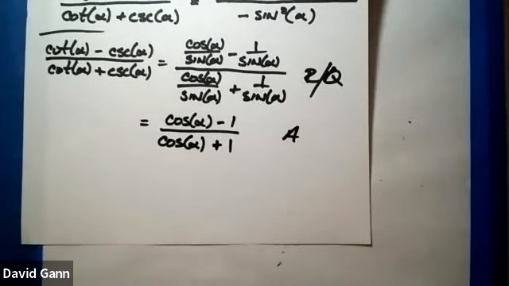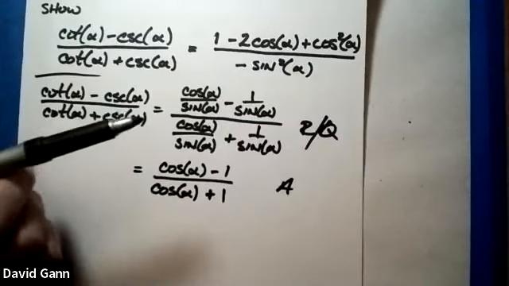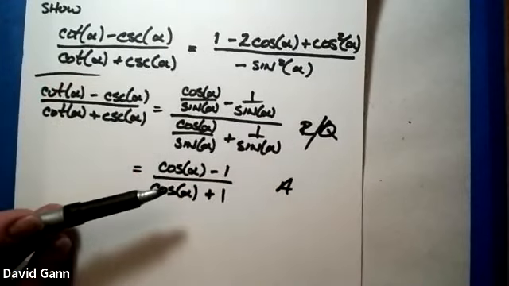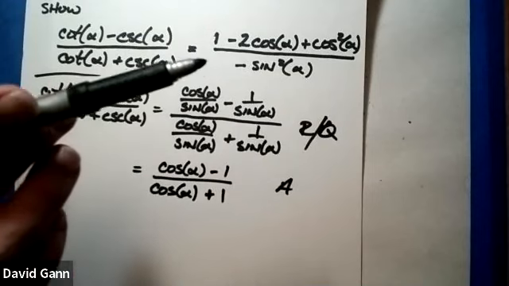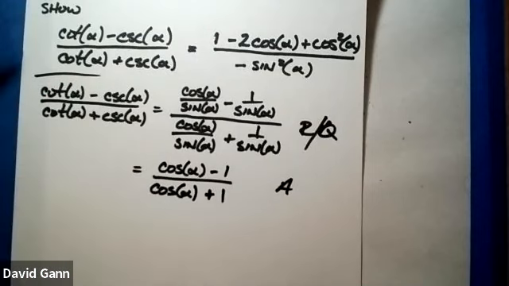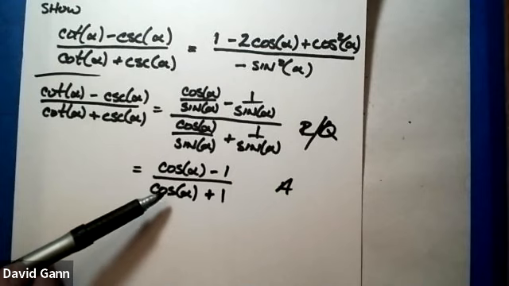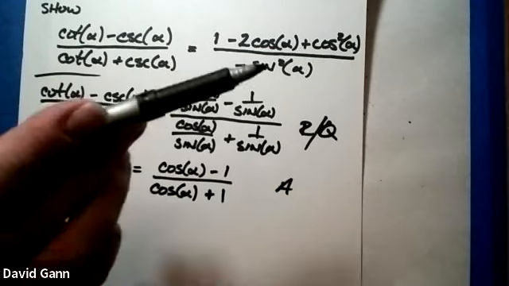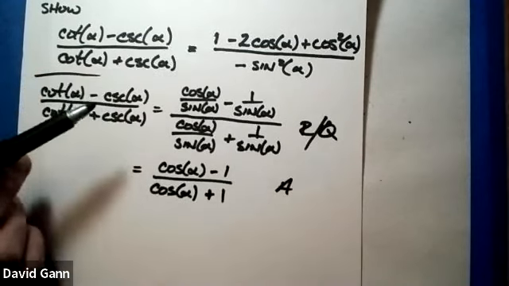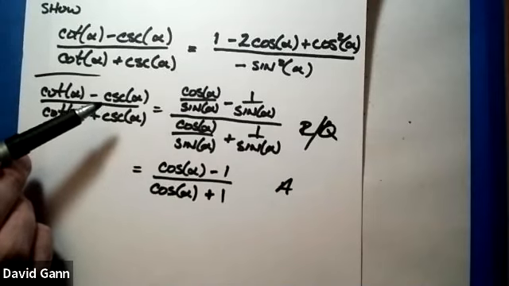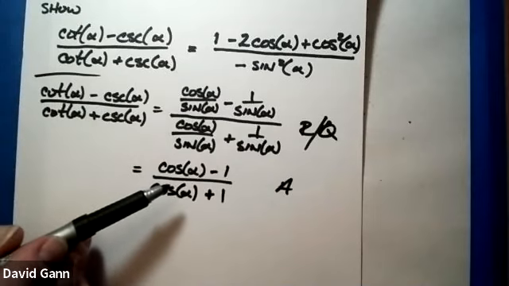So the question then becomes, how in the world am I going to get this out of that? Well, there is a way to do it, but it's not something that's necessarily going to be real intuitive. So maybe another approach then is to start with this side. Basically what we've done is take something that looks complicated and made it simpler.